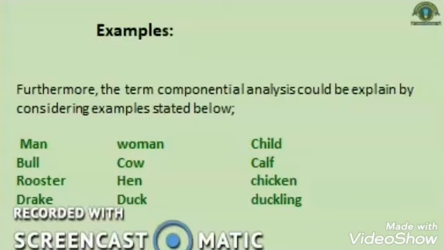In addition, man and bull have something in common which is not shared by the other two pairs, and woman and cow also have something in common which is not shared by man and bull.